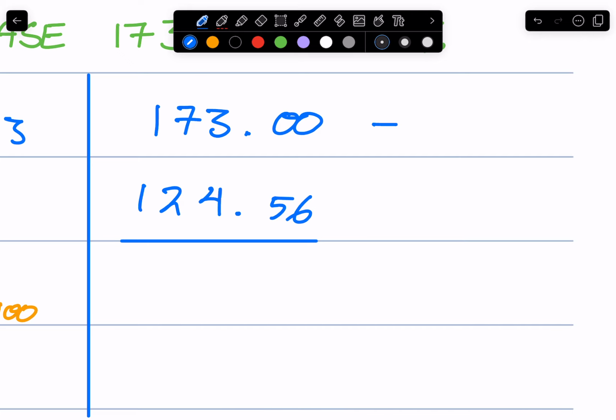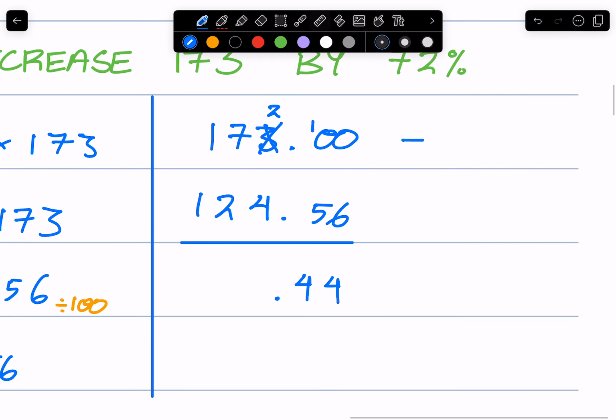So for this, I'm going to borrow that 1 to make this 100. This is now a 2. And so 100 minus 56, that will give me 44. It's a little easy there. 2 take away 4. That can't be done straight away, so I'm going to borrow here. This is now going to be a 6.